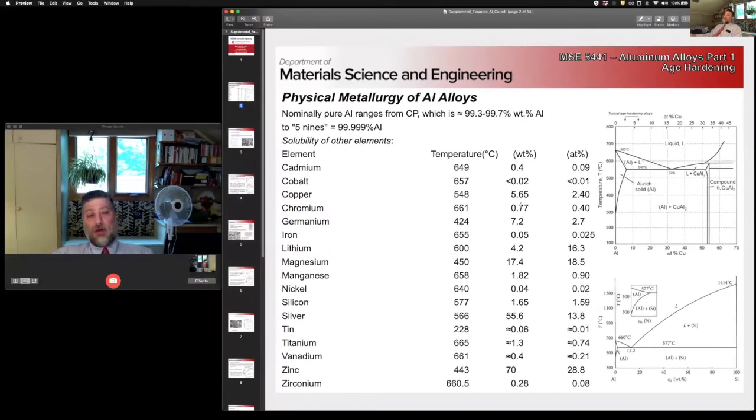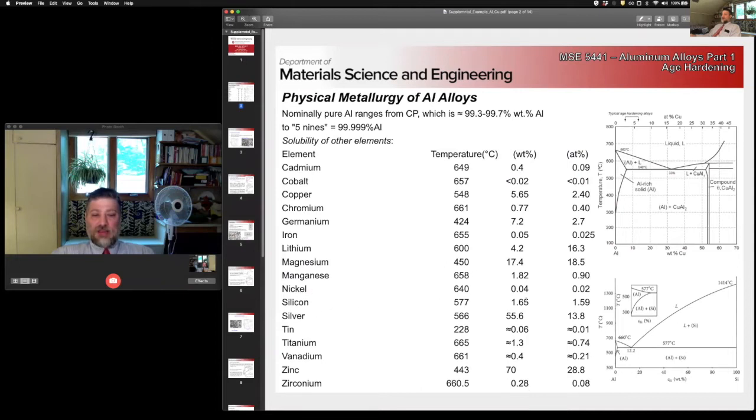So aluminum is an interesting metal simply because there's not a lot of stuff that has any real appreciable solubility in it, right? So just from looking at these, we can see what the primary alloying elements are going to be: copper, magnesium, manganese, right?